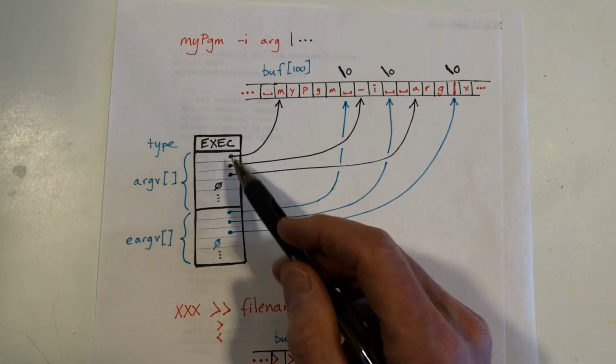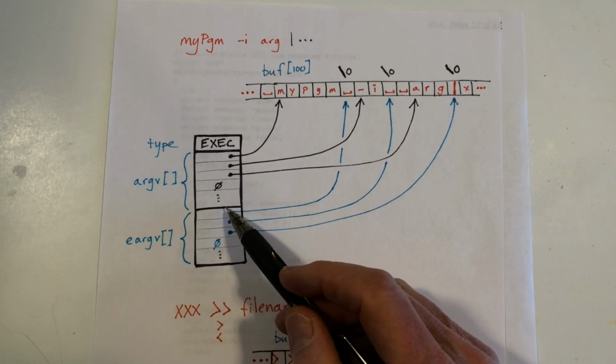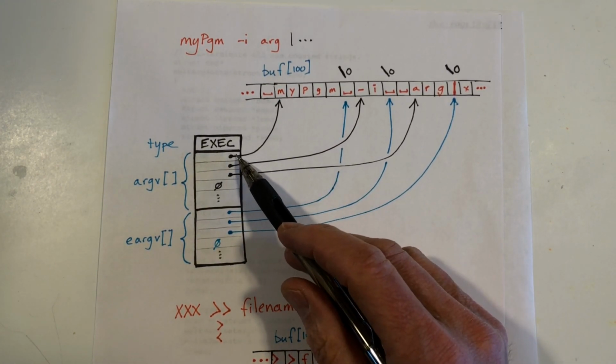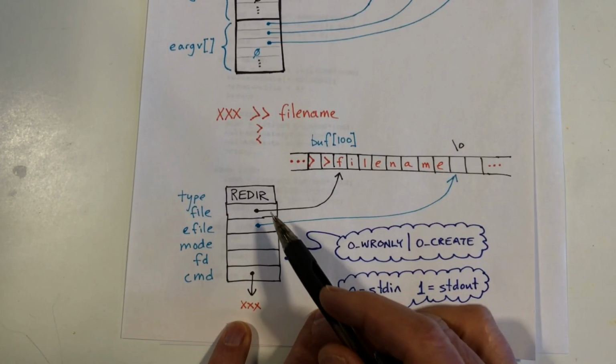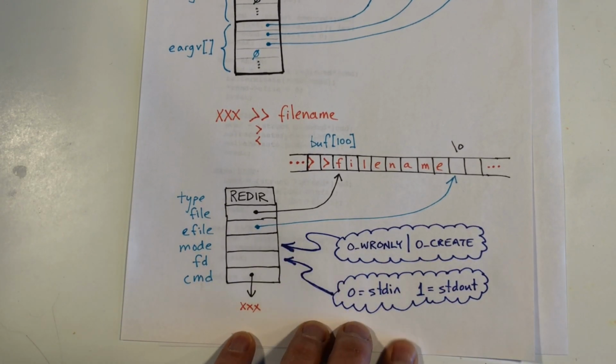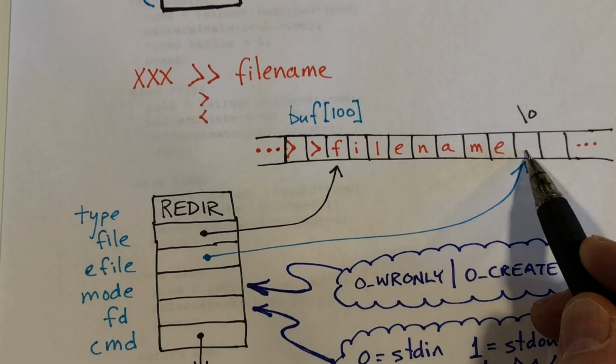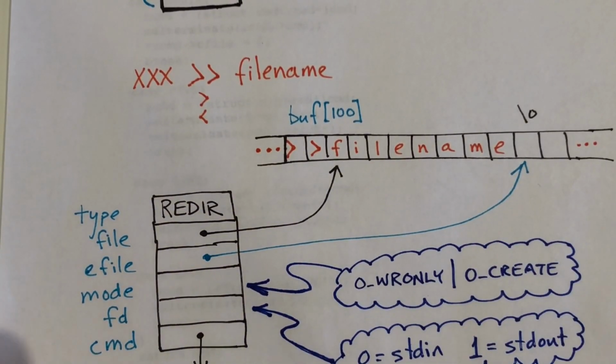So we need to update the argv pointers in the exec nodes, and also for a redirect node we need to add the terminating null byte after the file name. So let's take a look at the code that does that.